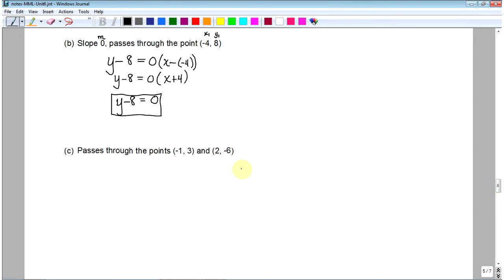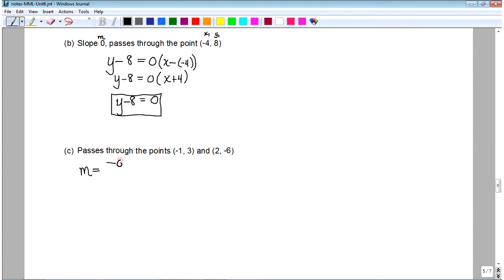For part C, we want our equation that passes through these 2 points. So how is this one different from our previous problems? Well, the previous problems told us what the slope is equal to. So we need to first find our slope. So slope is change in y.